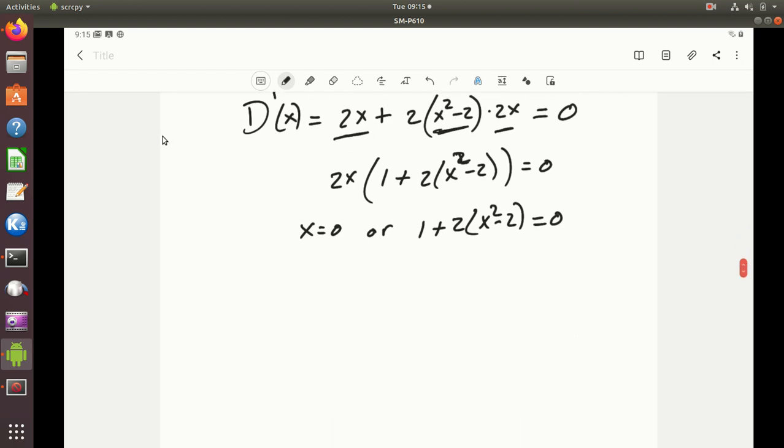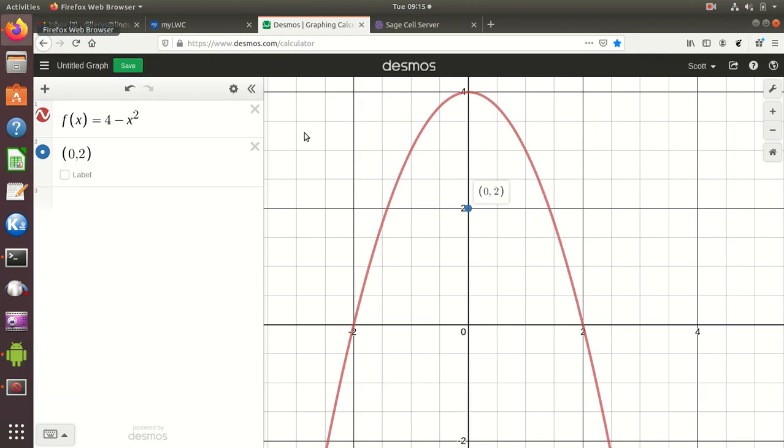Now, if we go back here, looking at it, I don't think that's going to be the answer, right? I've got x equals 0, that's that one, but if I look here, that looks shorter, definitely.